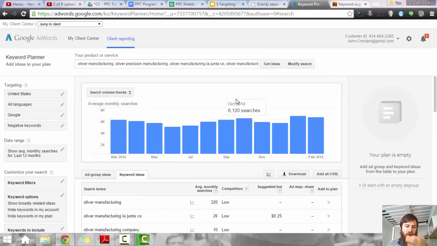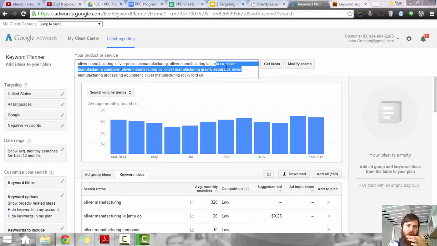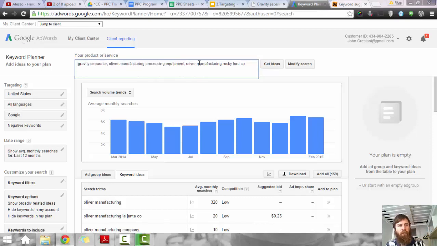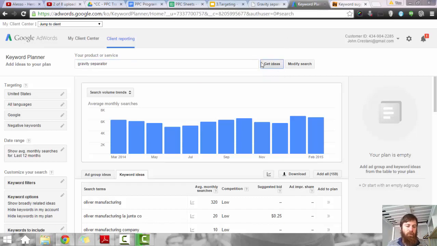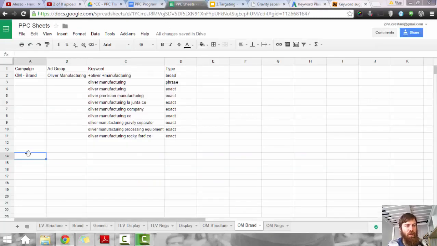So let's look at this keyword planner. One thing I did take away is that it looks like their gravity separator and their processing equipment are pretty important. So because everything's so targeted, I'm just going to build out the generic campaign in this sheet.